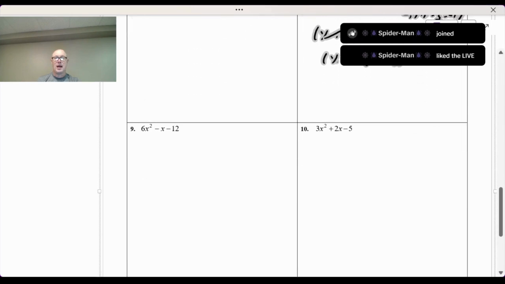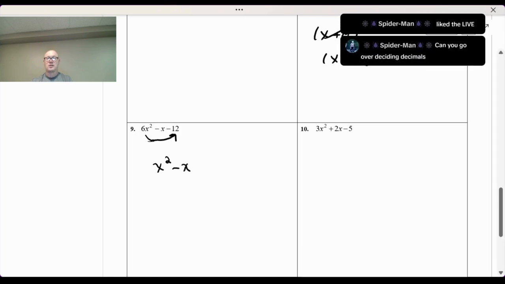Okay, next we have 6x squared minus x minus 12. So this will definitely be slide and divide. So we're going to have to take our 6 and multiply it by negative 12. So the 6 is out of there now, so we get x squared minus x, and 6 times negative 12 is negative 72.